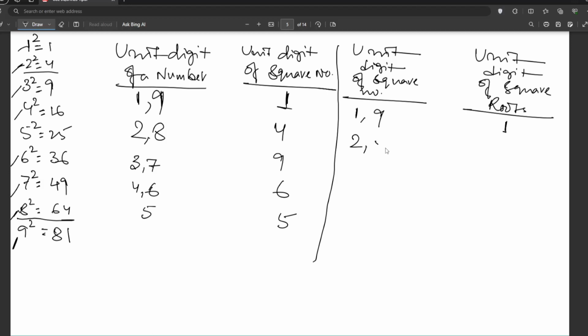If we have 2 or 8 as the unit digit of a number, and we take the square root of this, then we will get 4 as the unit digit of that number.